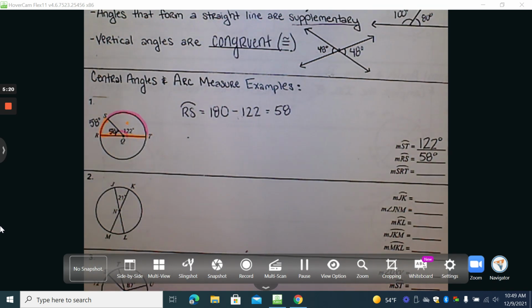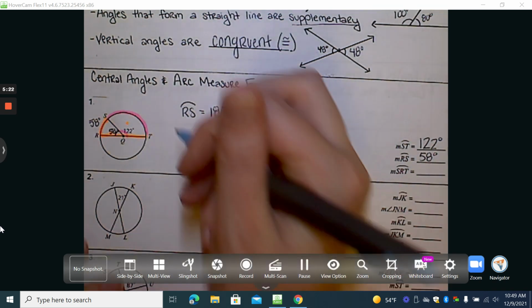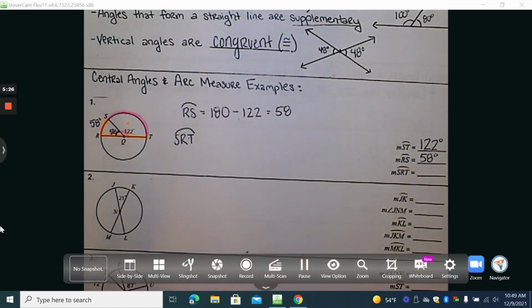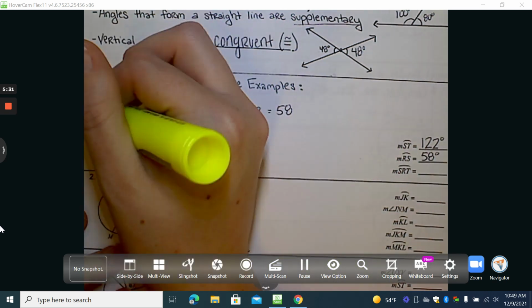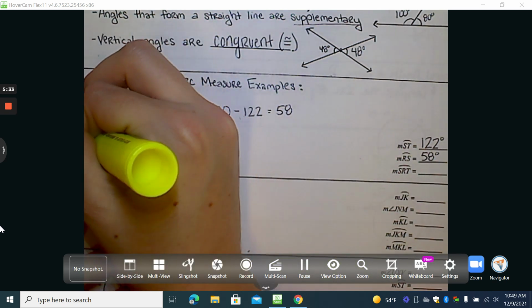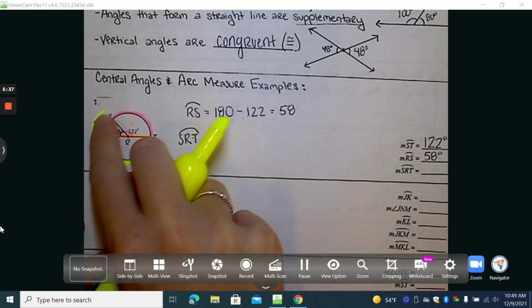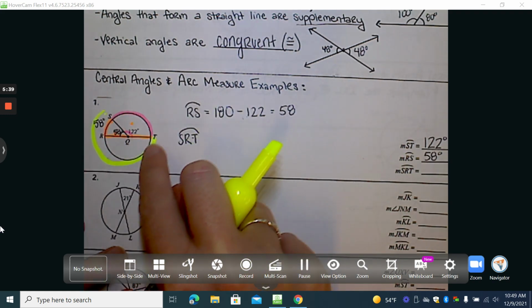Now the last one is the measure SRT. So that is going from S all the way around to the R, all the way around to the T. This big section of my circle.